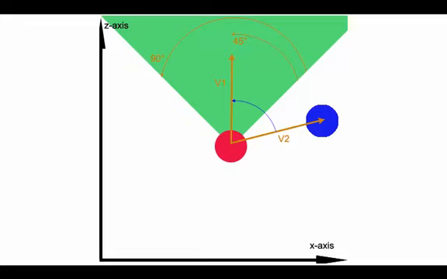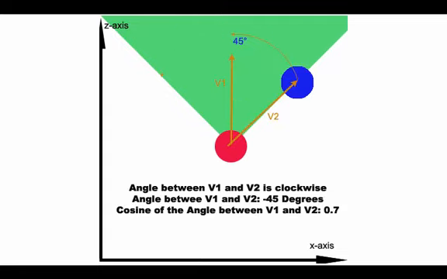Or, in a similar way, if the cosine of the angle between the vectors V1 and V2 is comprised between 0.7 and 1. This is because when the player is on the right border of the field of view, the angle between V1 and V2 is minus 45 degrees, so the cosine is 0.7.